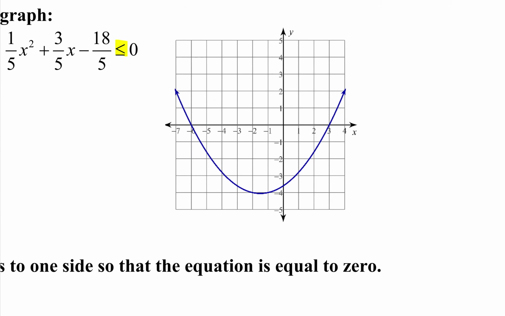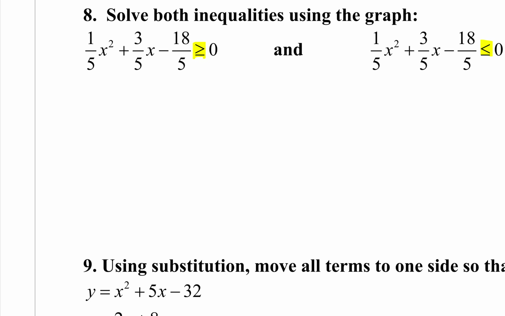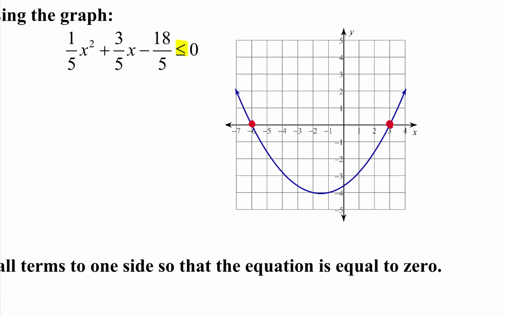Let's go here and find our two critical points, right? The 2 points where they cross. So I have negative 6 and positive 3. Okay? Now on this first one on the left, I want greater than 0. Greater than 0 is above the line, right?